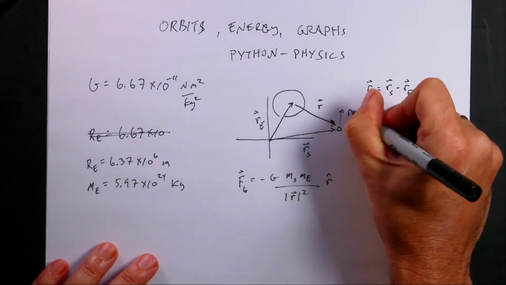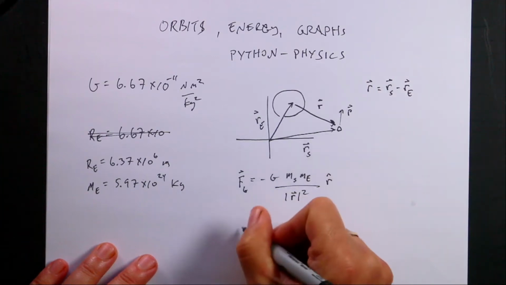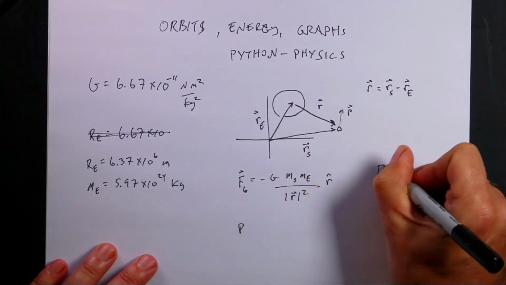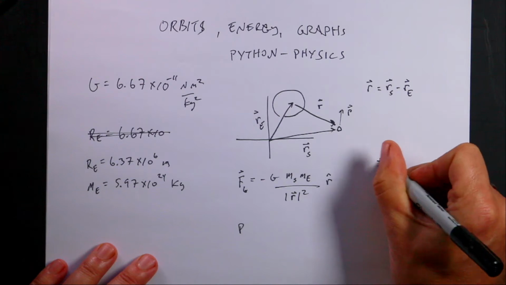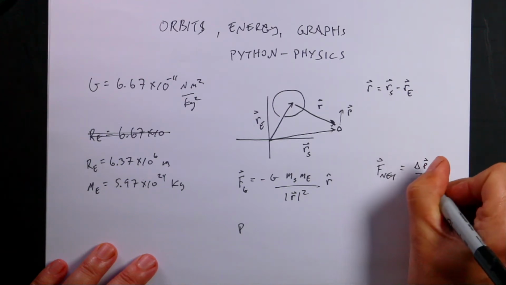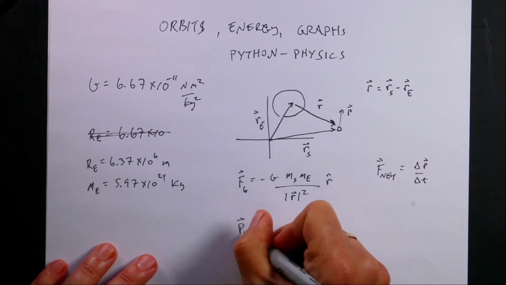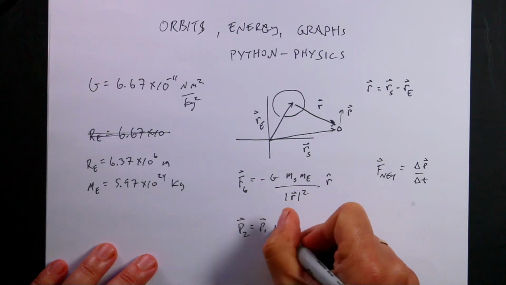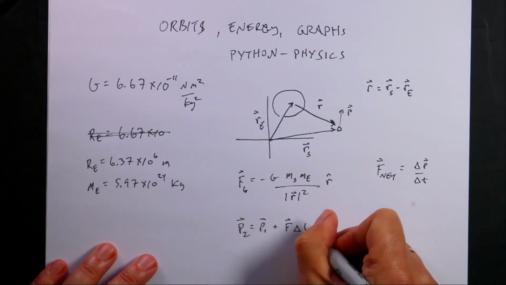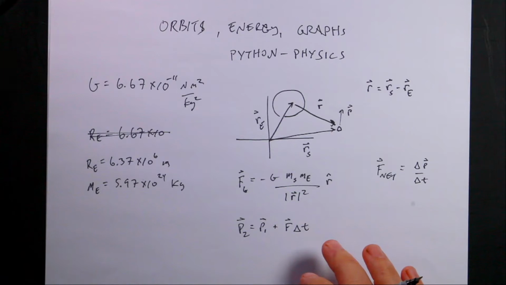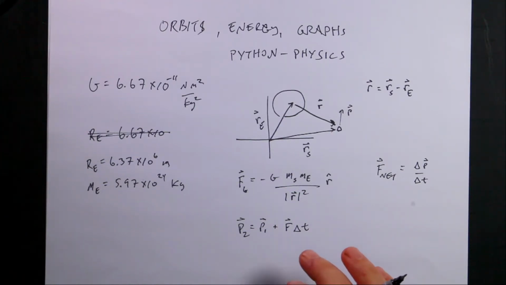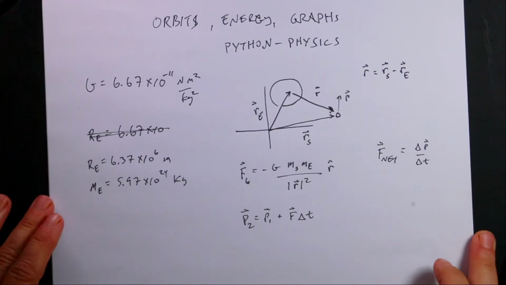This is important. And this is the only force acting on this. Then I can say this has some momentum p, and then I can use my normal p: F net, which is only the gravitational force, is the change in momentum with respect to time, and p2 equals p1 plus F delta t. This is my normal numerical recipe. This is actually the Euler method. It's not the best, but it's so easy to use, and it works in a lot of cases that we're going to use that.